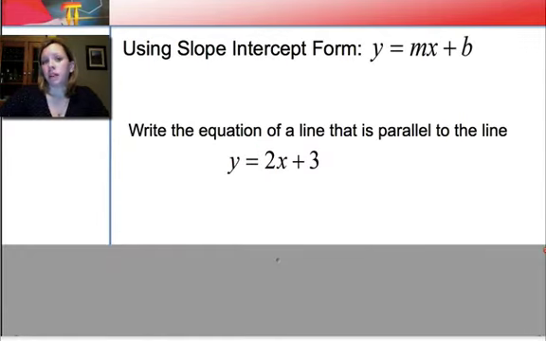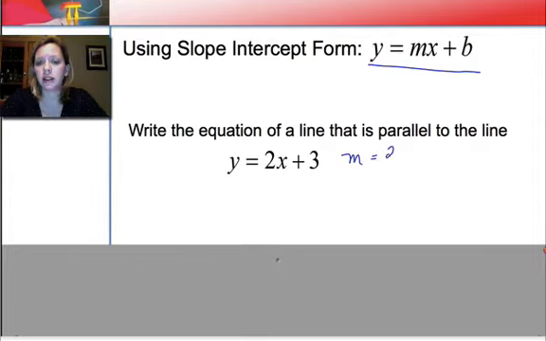The first method I'm going to go over is how to use slope-intercept form to write the equation of a line. If I wanted to write the equation of a line that is parallel to the line y equals 2x plus 3, I can see that the slope is 2. It can be any line in the whole wide world, as long as the slope is 2.